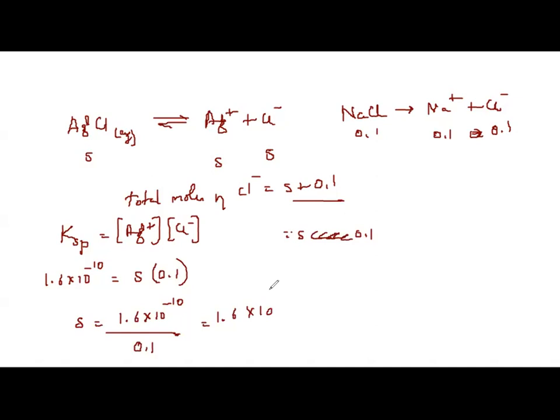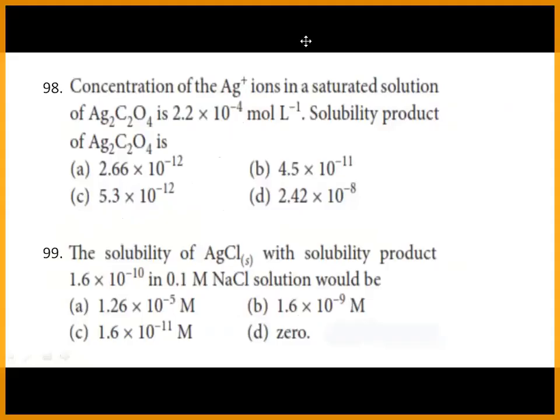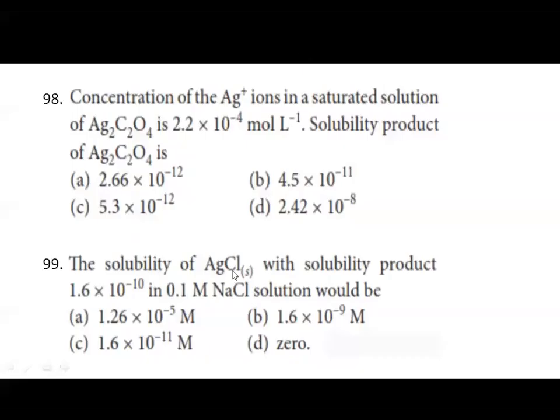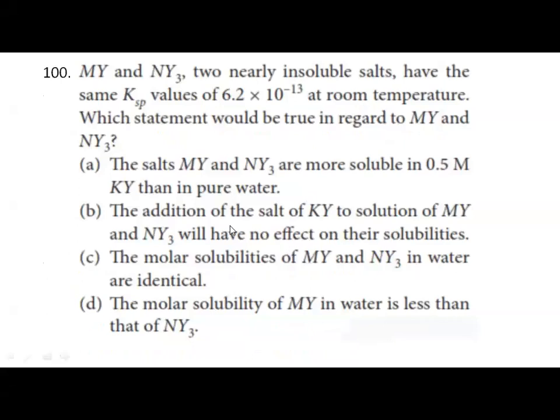So minus 10 plus 1 becomes minus 9 molarity. The value of s is 1.6 into 10 raised to minus 9 molarity. Yes, so the correct option is option B, that is 1.6 into 10 raised to minus 9 molarity.